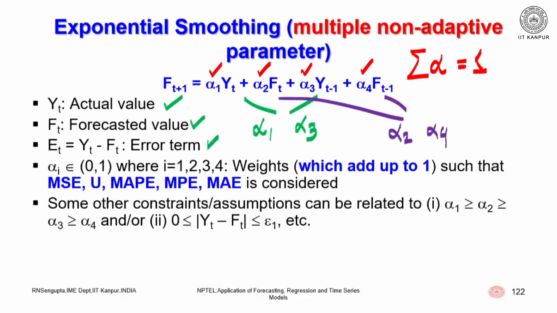The weightage for the actual value at time period T is more than the weightage for the forecasted value at time period T. Similarly, the weightage for YT minus 1 is more than the weightage for FT minus 1. That can be one of the constraints. Another constraint can be that I want to find the weights in such a way that the difference between the actual value and the forecasted value is less than some epsilon, depending on the accuracy of the model.